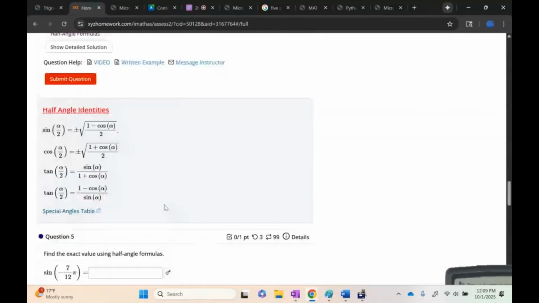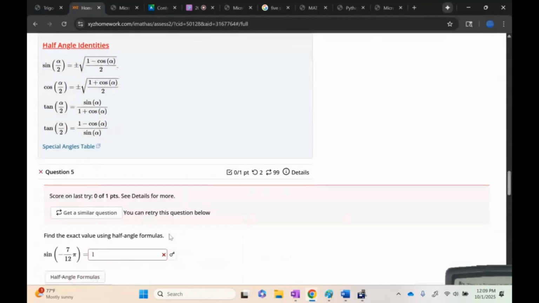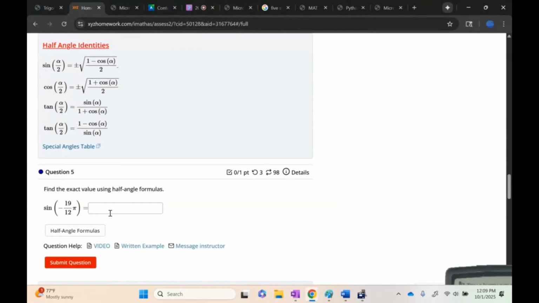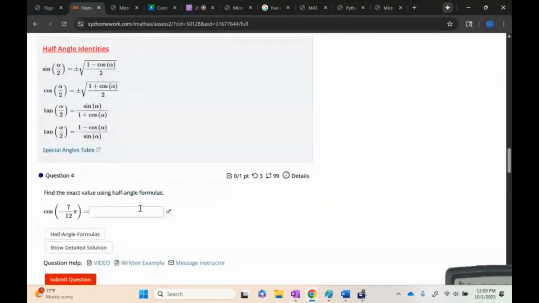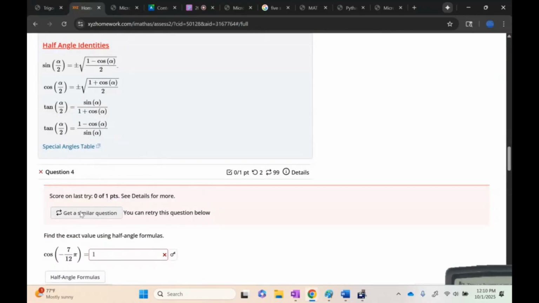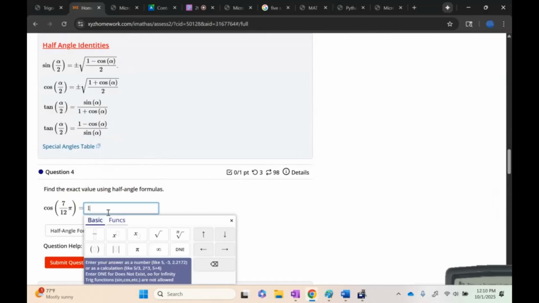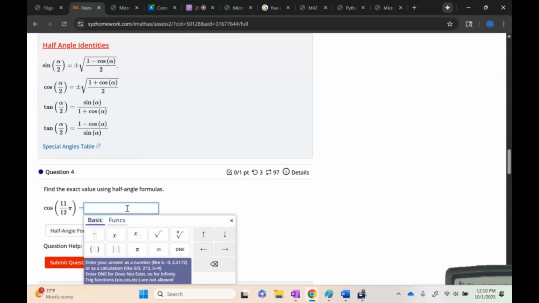Oh my goodness. Let's see if it'll give me that same problem back. It probably won't. Well, it was a cosine. It's probably never going to do it. Sometimes it'll change the answers up and then sometimes it won't.